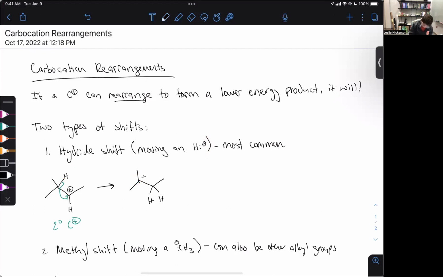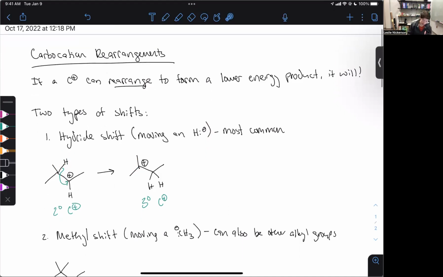So now my carbocation is there. Now I've got a tertiary carbocation, which is more stable. So I went downhill in energy, and all it needs to do is push over a little bitty H.